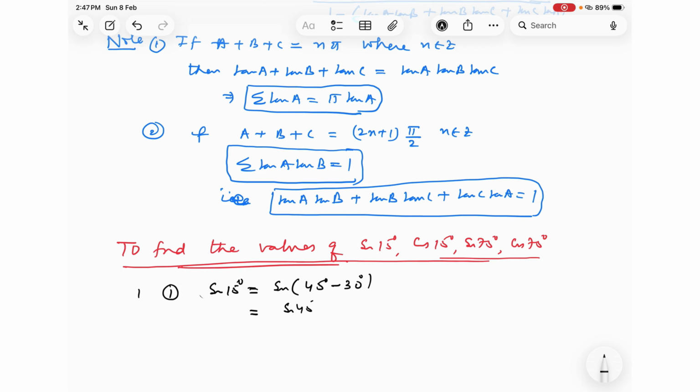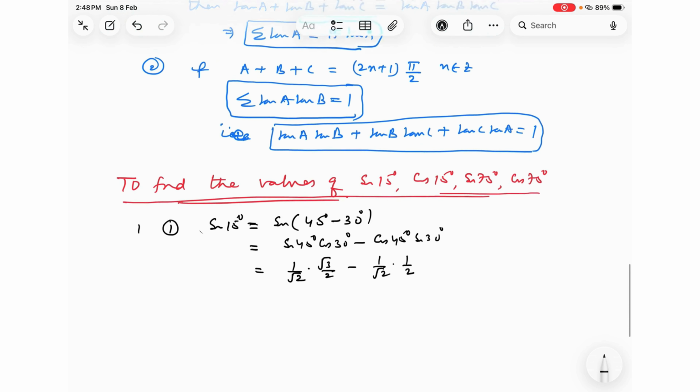It is sine 45 cos 30 minus cos 45 sine 30. It is equal to 1 by root 2 into root 3 by 2 minus 1 by root 2 into 1 by 2.